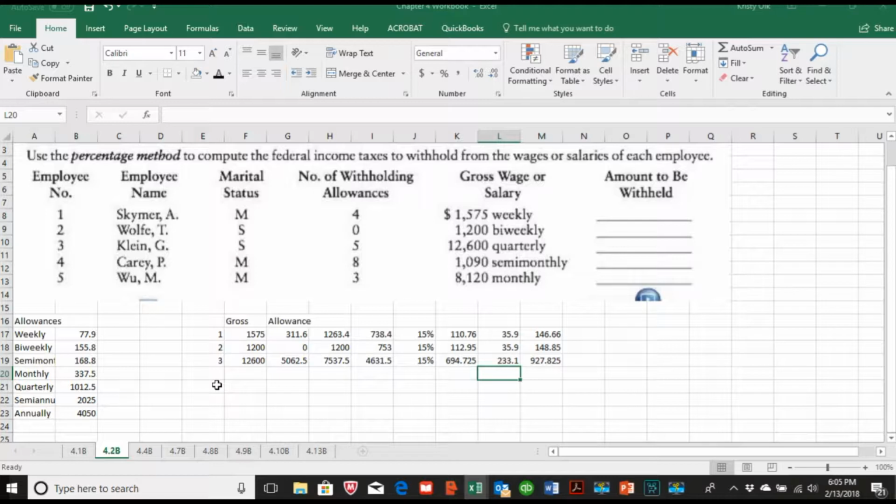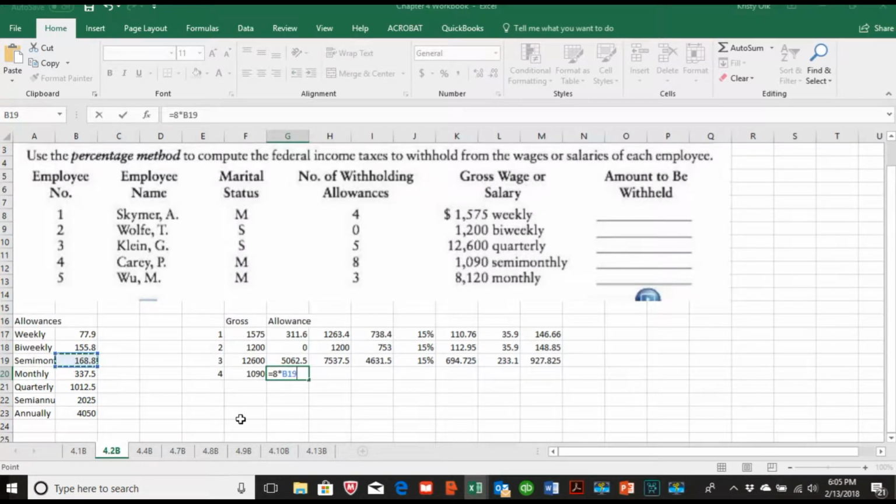Now, employee number 4 is starting off with $10.90 in semi-monthly. He's got 8 allowances. So it's 8 times the semi-monthly allowance, which gives us an amount, look at the chart, of negative 264.